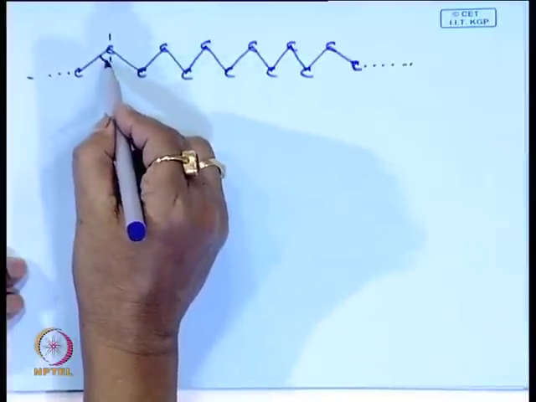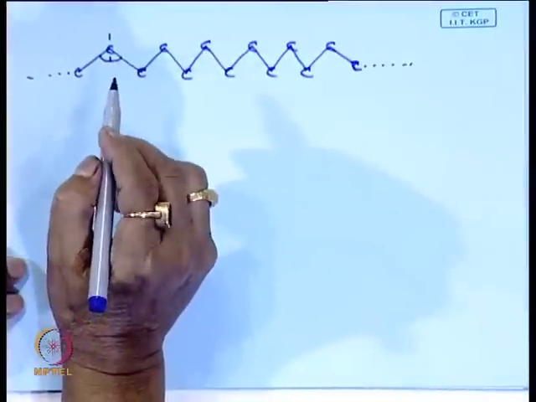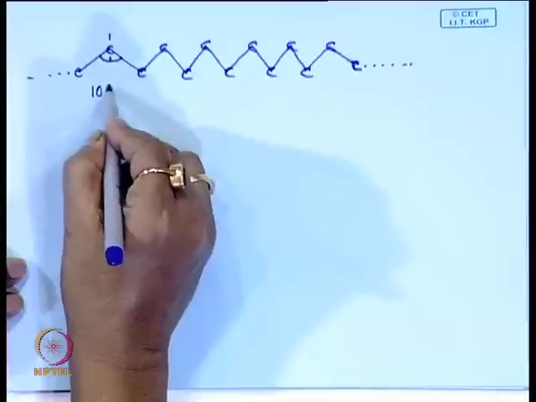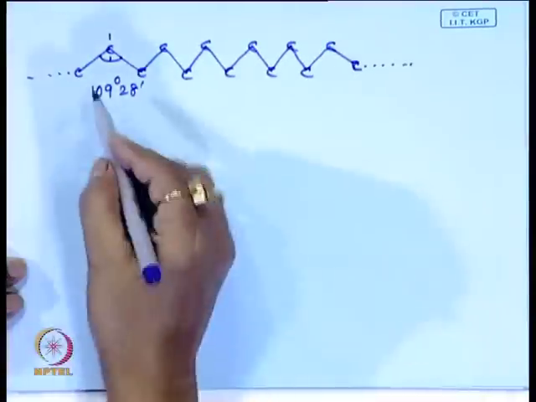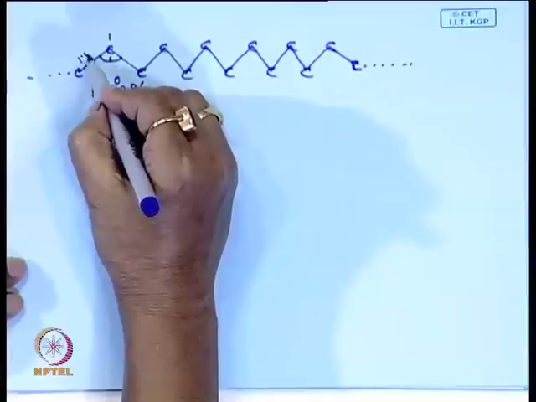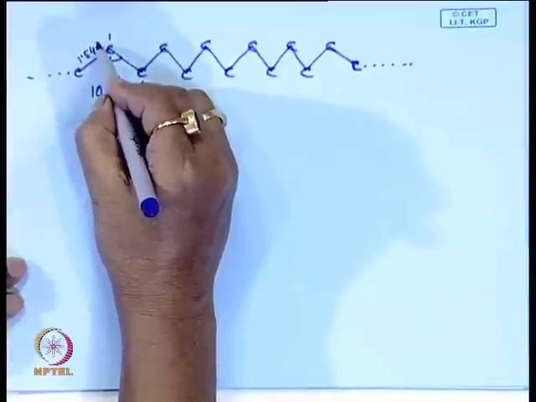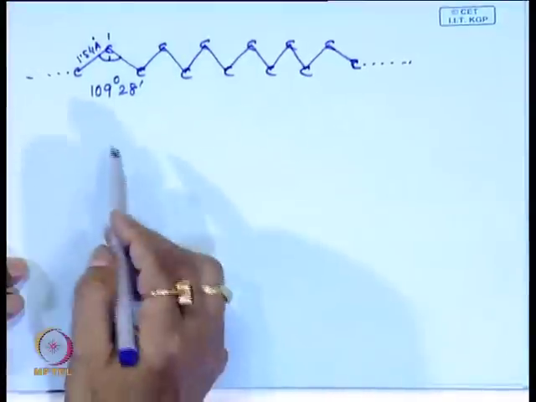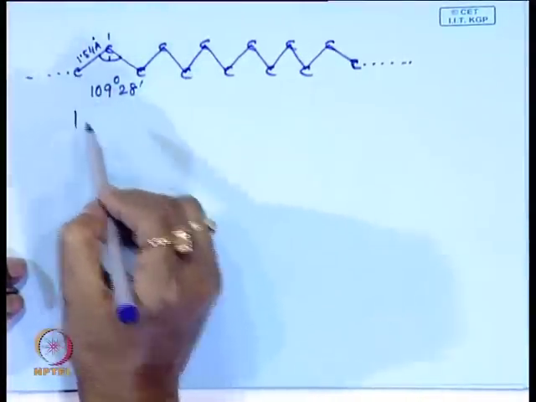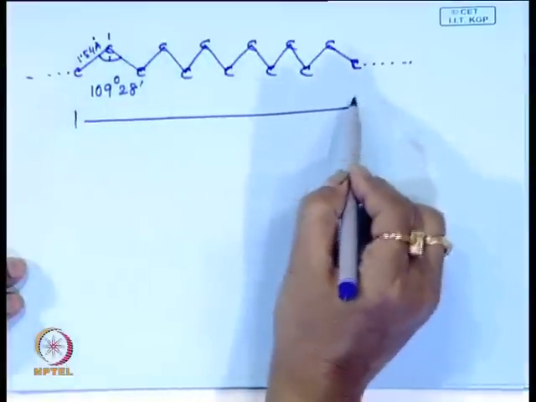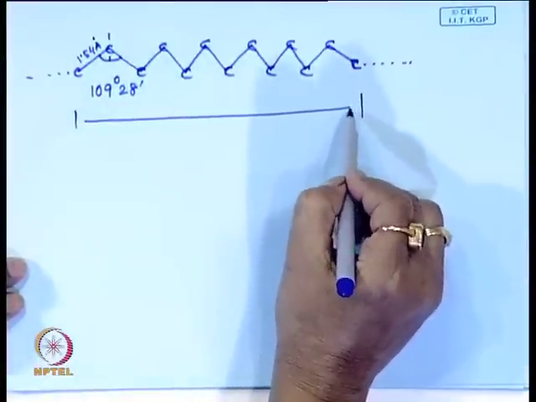Now, what is this angle? You know, 109 degrees. So, if you know this bond length 1.54 angstrom and this angle, you can find out the length from one end to the other end.